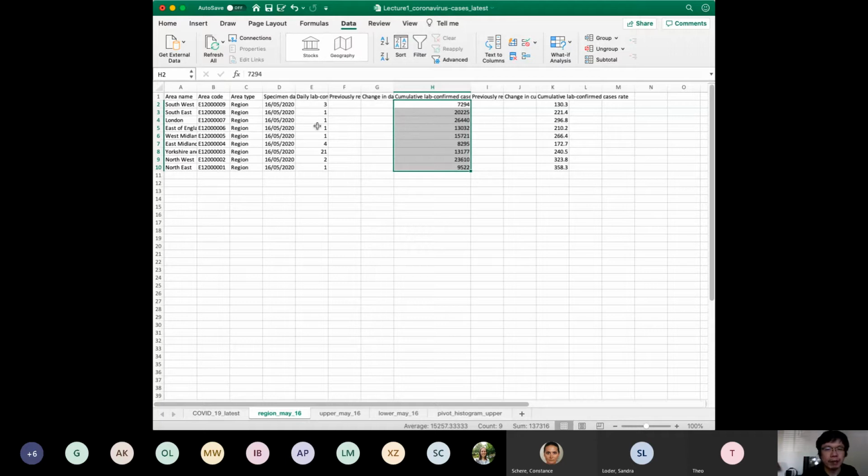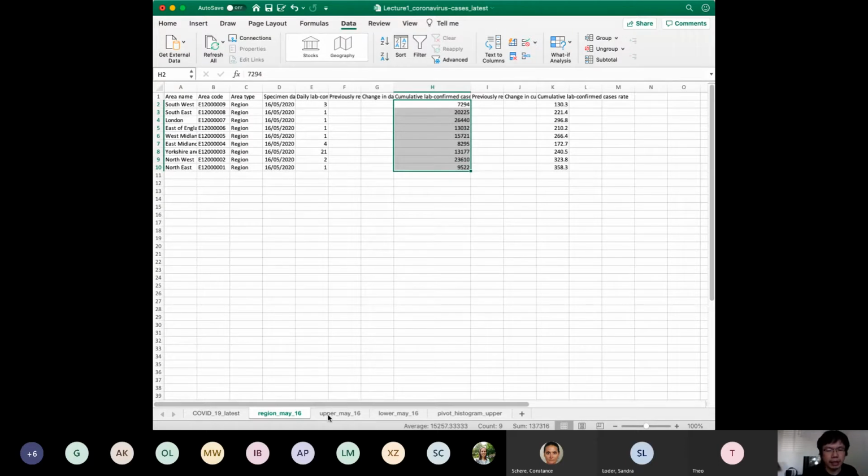You can see that London has the highest number of cumulated cases on the 16th of May, then Southeast, then Northwest. You can see that some regions have higher numbers, some regions have lower numbers in England. This is the level of variation we're talking about, the regional level.